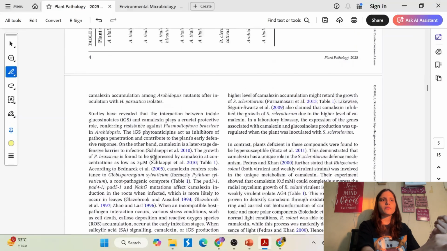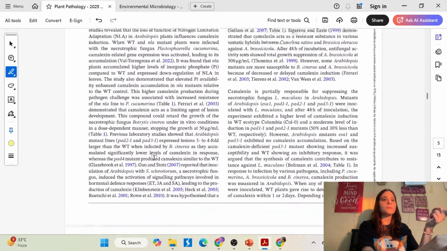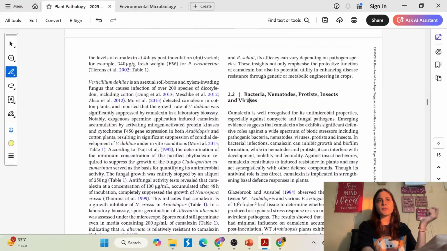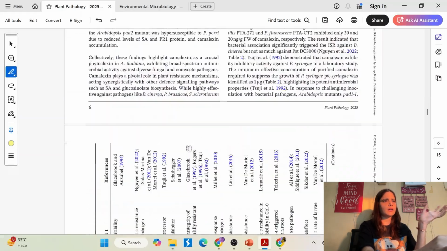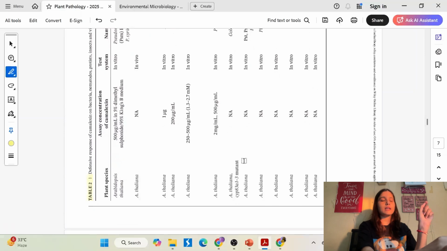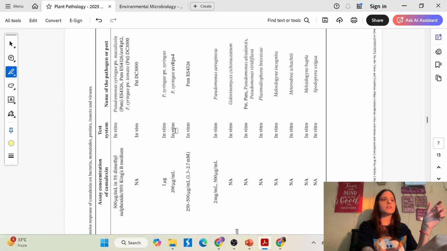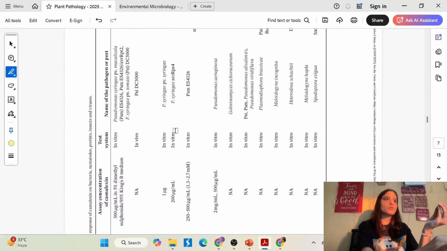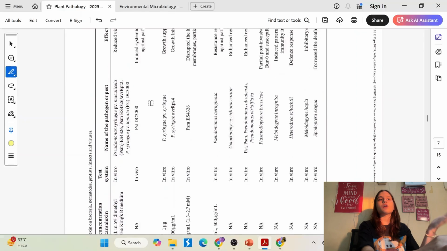Okay, in a similar way they have documented the bacteria, nematodes, protists, insects as well as viruses. Again they have documented a table: the plant species, then the concentration of camalexin assayed, the test system, obviously in vitro, then the name of the pathogen or pest.